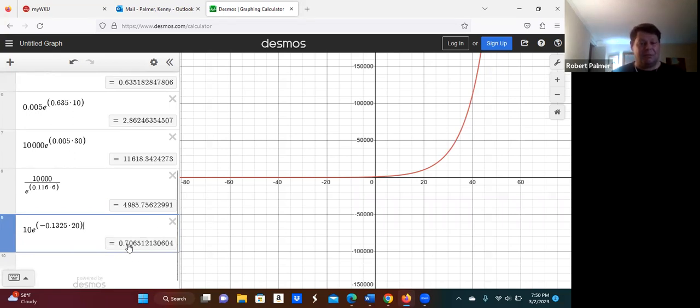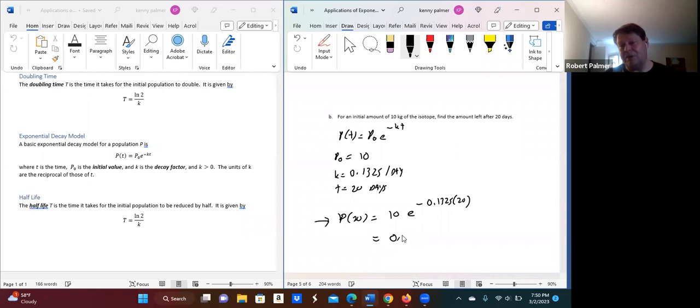Remember, this is not a percent, this is an actual value. So let's do 3 places, 0.707 kilograms. So that's quite a reduction. We started out with 10 kilograms and we're left with less than 1, since we've gone through not quite 4 half-lives.